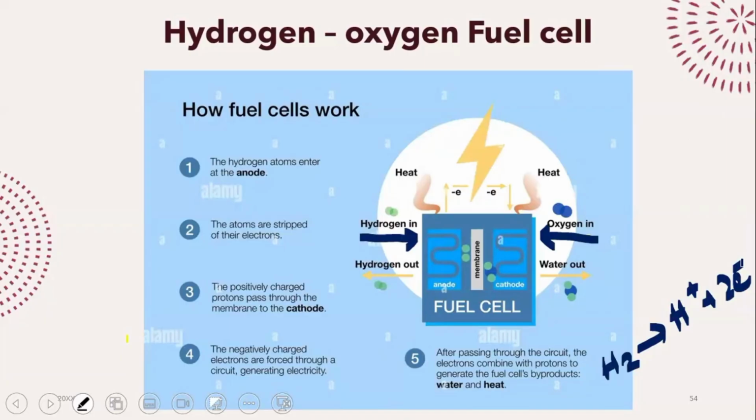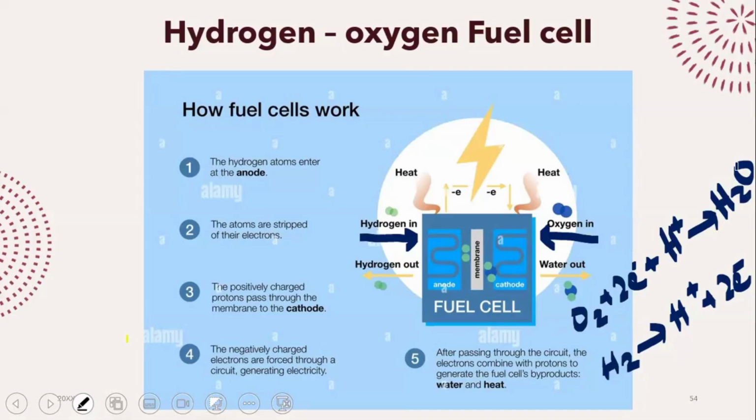Oxygen is going to be reduced and it is basically going to react with your hydrogen ions to give you water. Okay. So what is actually happening? I am putting in hydrogen and I'm putting in oxygen. Hydrogen is going to be oxidized.